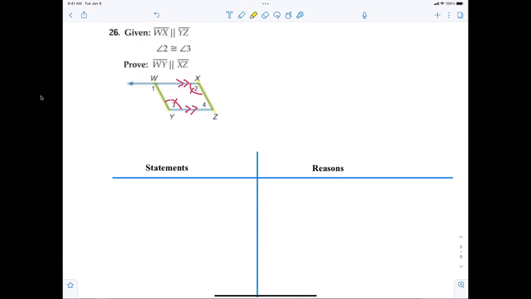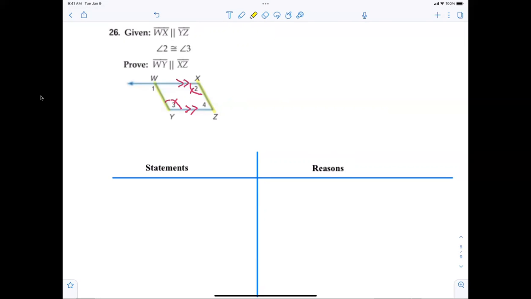And then what? Nope. Not alternate interior. There you go. Are congruent, then the lines are parallel. Come on, you got it. All right, it's all right. It's not a big deal. All right, you finally did the whole proof. Perfect. That's what we want.